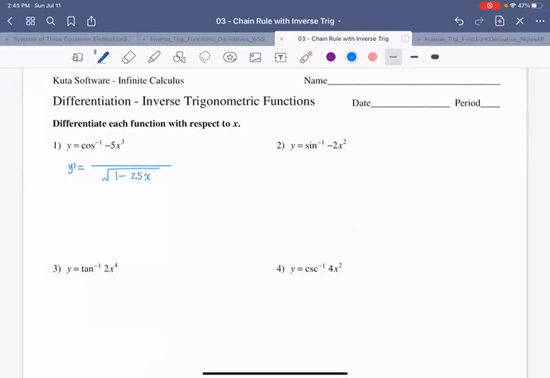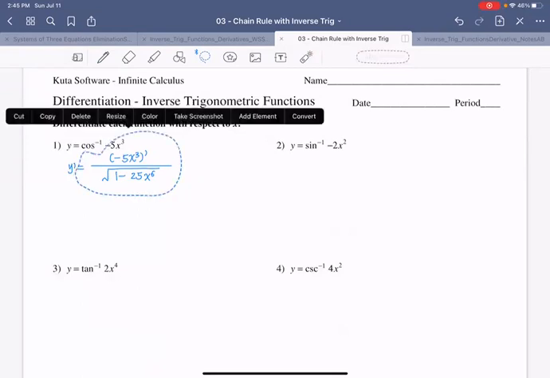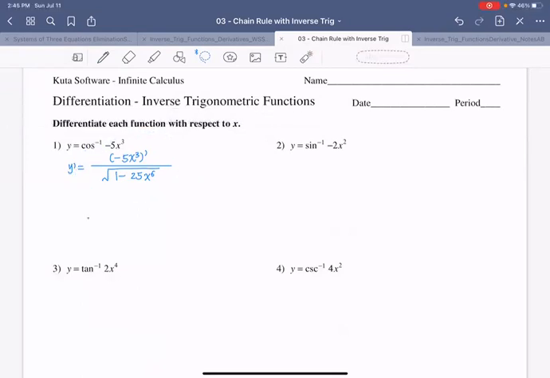Yes. I'm not sure about the top. The top one is going to be this guy's derivative, okay? So that would be 15x squared. -15x squared, okay? That's it. Thank you.